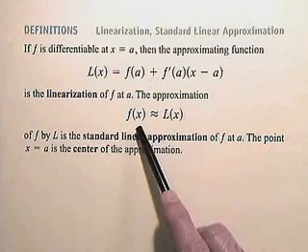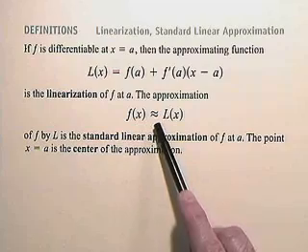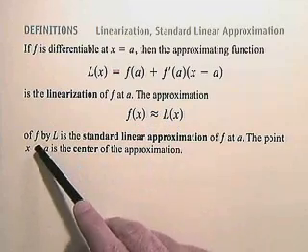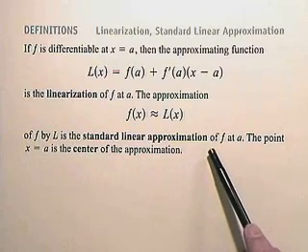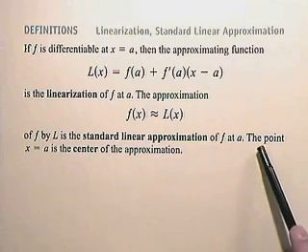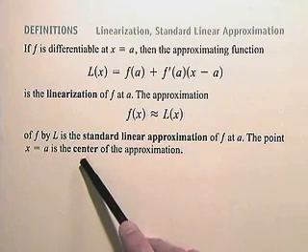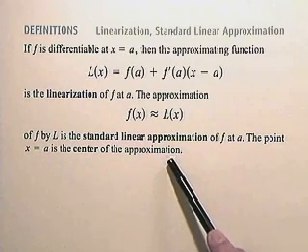The approximation f of x being approximately equal to L of x is the standard linear approximation of f at a. The point x equal a is the center of the approximation.